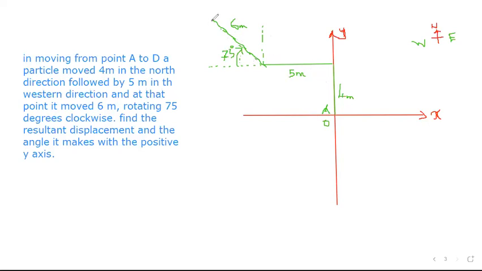So at the end of its journey, this particle is residing somewhere along that point. I want to find the resultant, which is how far it has moved from the origin.